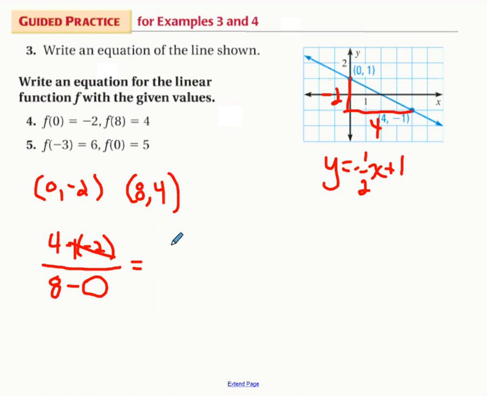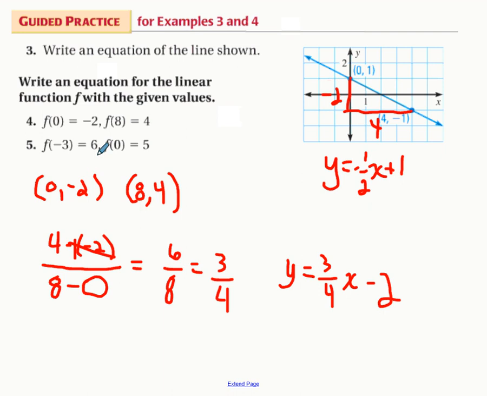So 4 plus 2 equals 6. 8 minus 0 equals 8. So my slope, I'm going to reduce it, is going to be 3/4. One of my points shows me the y-intercept. So in this case, (0, -2) is my y-intercept. So I'm going to end up with the function y equals 3/4 x minus 2.